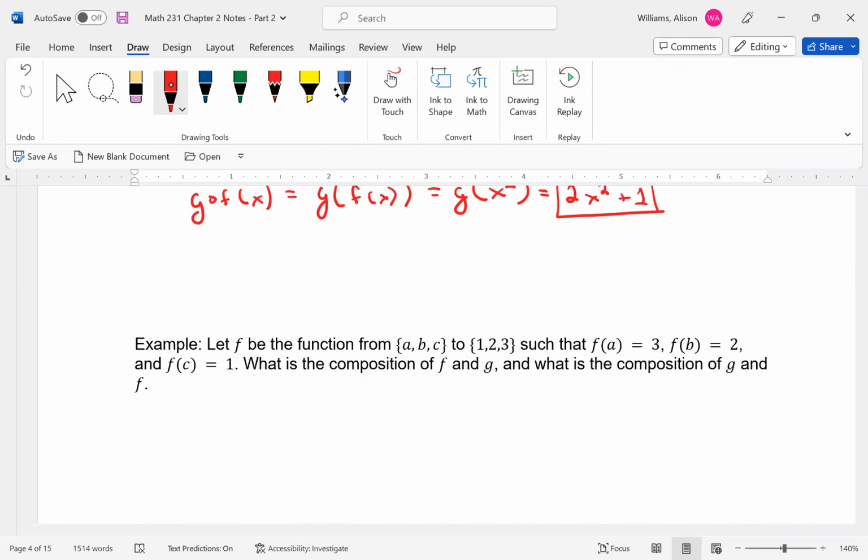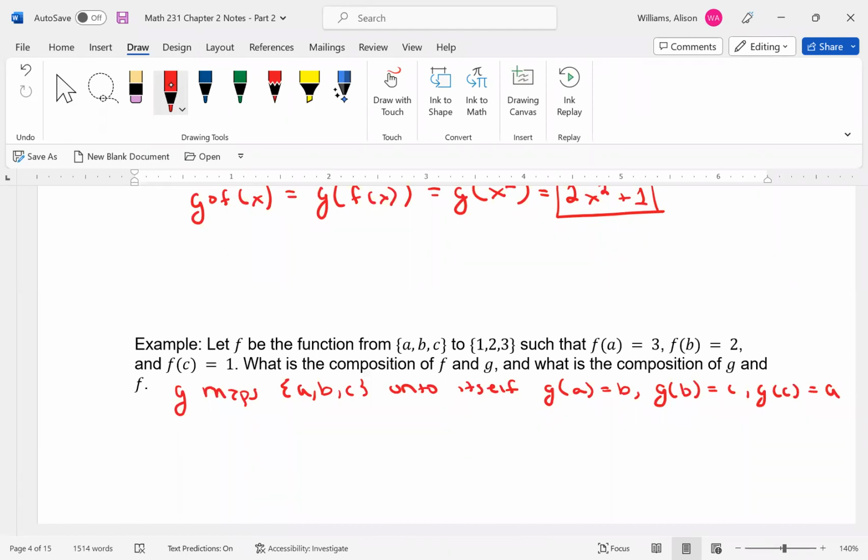G maps A, B, C onto itself, so onto A, B, C. And G of A is B, G of B is C, and G of C is A. Sorry, I didn't realize I had missed that. I might fix this before I post the video so that you have that up. Sorry about that. You may not even have to write that.